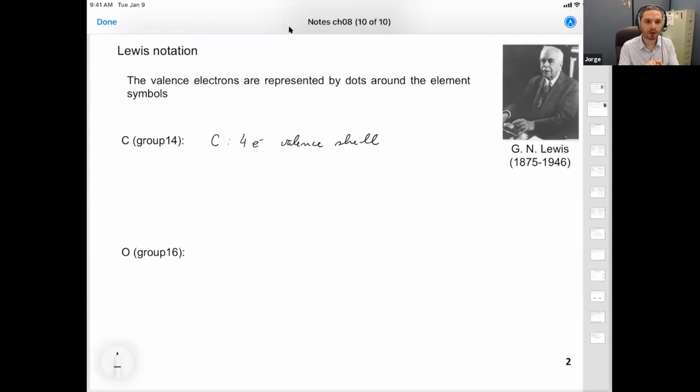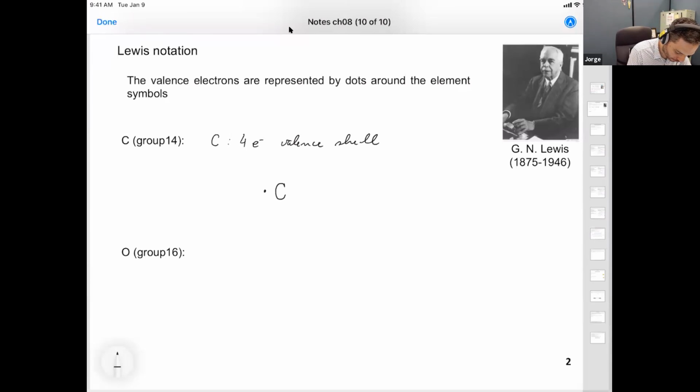To draw the Lewis representation of carbon, we are going to draw the symbol of the element and distribute the electrons in the valence shell as dots around the element. It doesn't matter the order that you follow here.